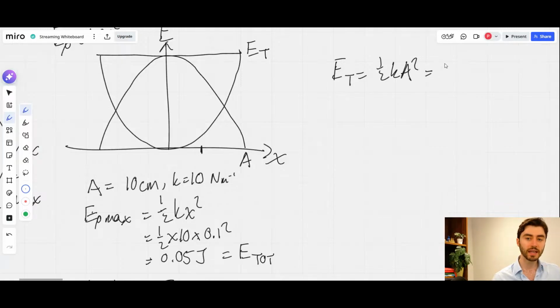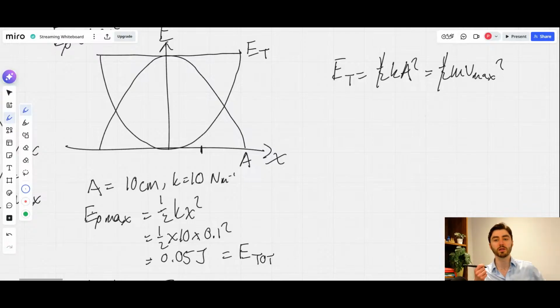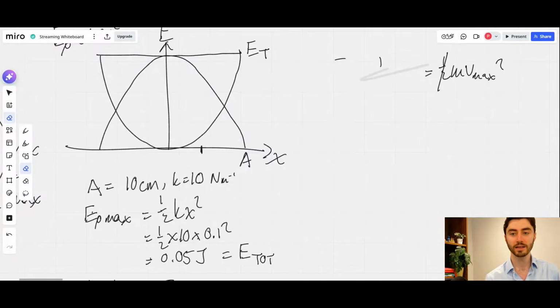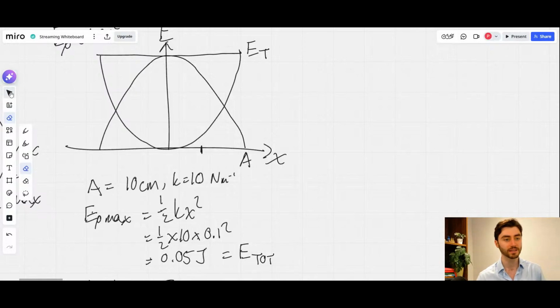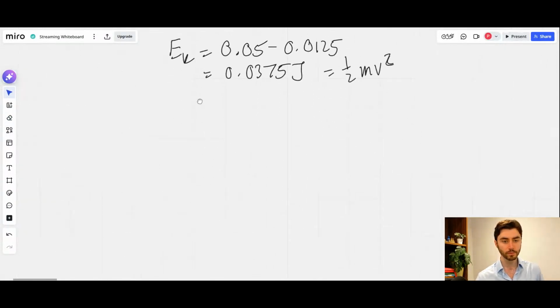Well, that would be equal to half m v max squared. There's one other thing I have to go into before this is going to make sense. I'm going to come back to this, because first we've got to derive what's happening for the specific cases of the mass spring system and the pendulum.